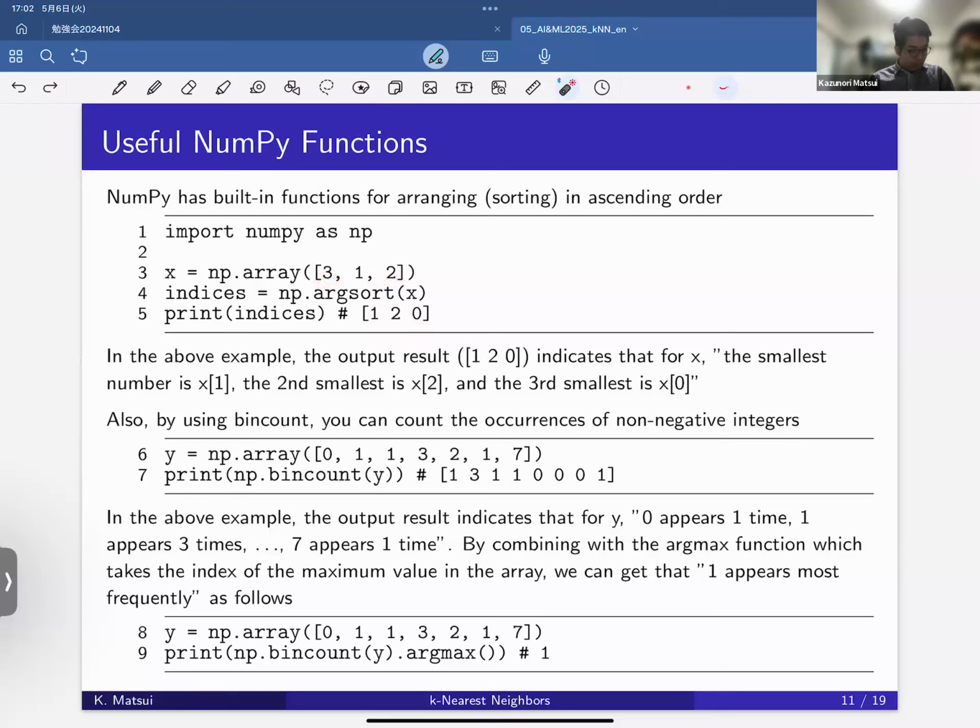The bincount function, short for binary count, can count the occurrences of non-negative integers. For example, if a one-dimensional array y like 0, 1, 1, 3, 2, 1, 7 is given, executing np.bincount(y) returns the array 1, 3, 1, 1, 0, 0, 0, 1.